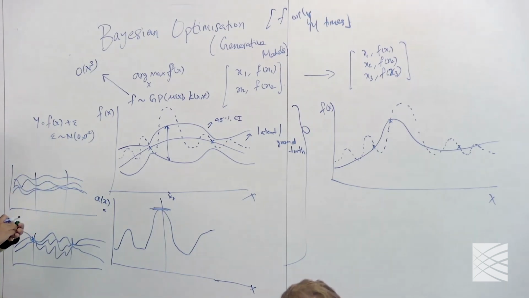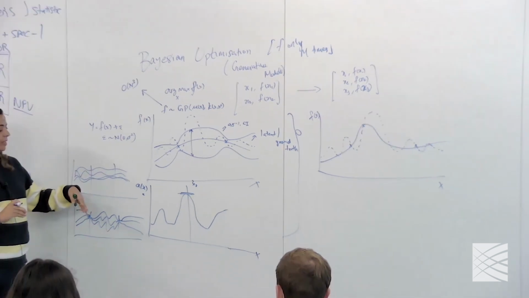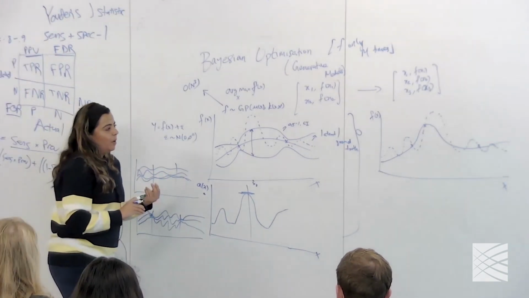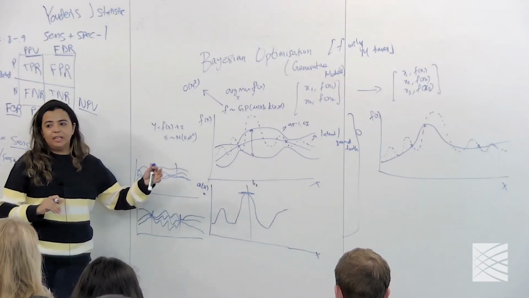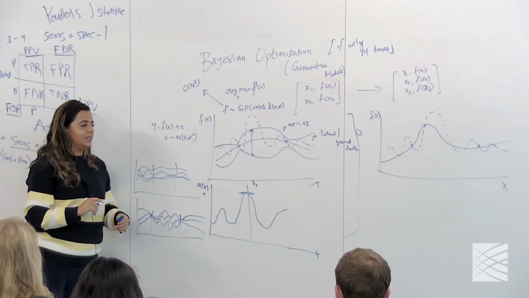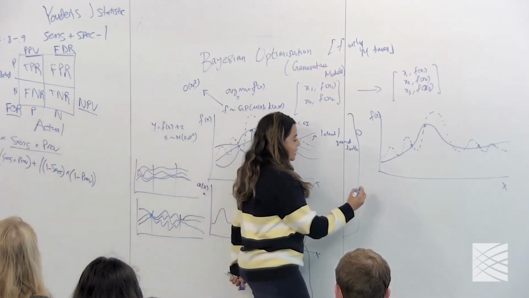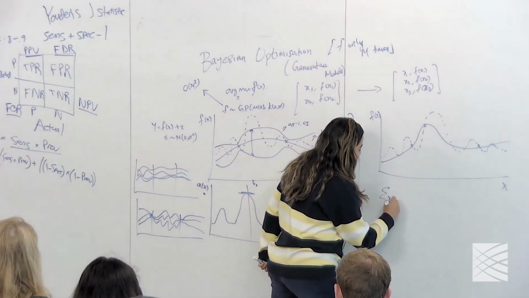There's a lot of rich theory behind acquisition functions, right? And I'm not going to have time to go into the details of several of them, but one very important concept in choosing good acquisition functions is the exploration-exploitation trade-off.